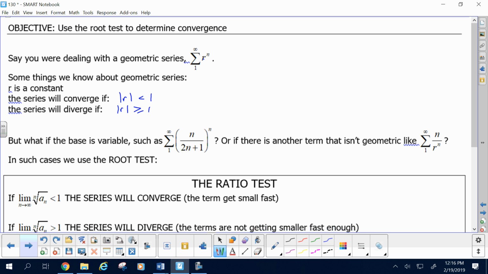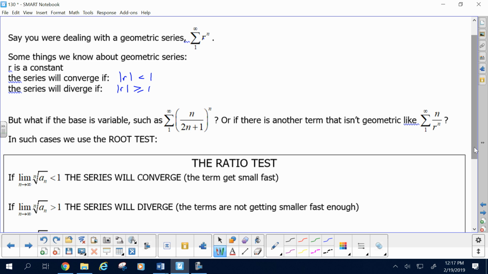The root test also deals with an n as an exponent, but it deals with cases where the base isn't constant. Where, for example, you have a case like this where instead of 2 to the n or 1/2 to the n, it's some varying thing to the n. Well, then you can run what's called the root test on that, using 1 pretty much as a guide. The idea is this.